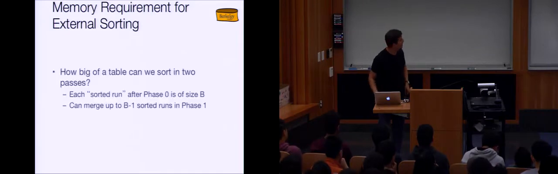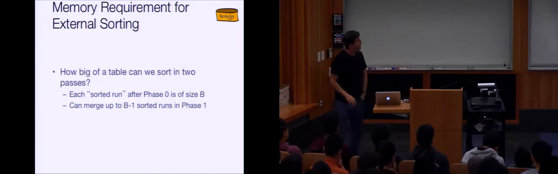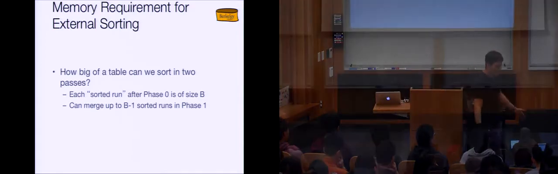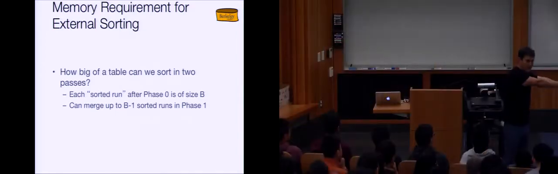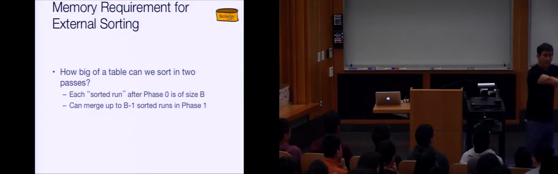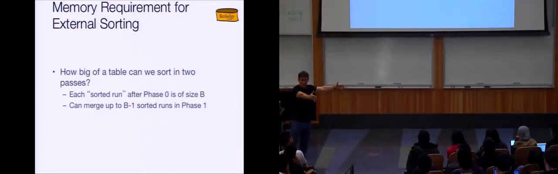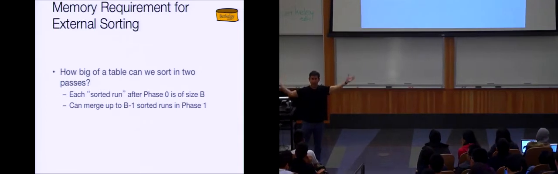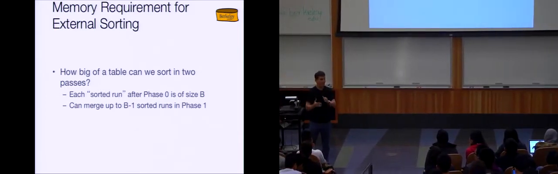How much memory do we need to sort stuff in 2 passes? Well, after pass 0, we read in B blocks, sort them, and write them to disk, so each sorted run is B long. And in pass 1 we're going to merge B minus 1 things together. So to finish, the whole file could only have been B minus 1 times B long to do it in 2 passes.